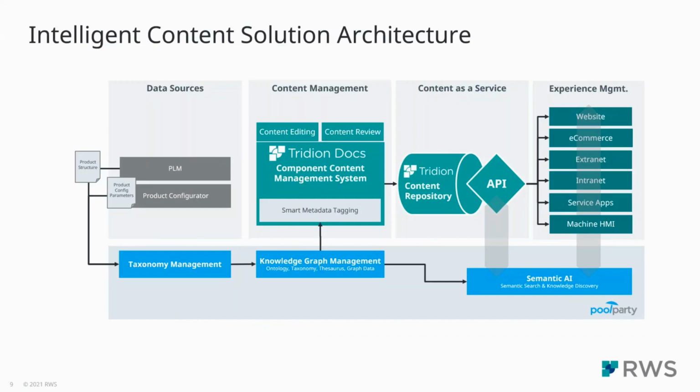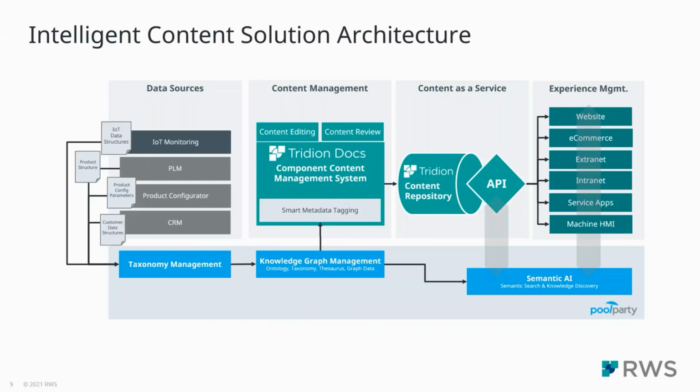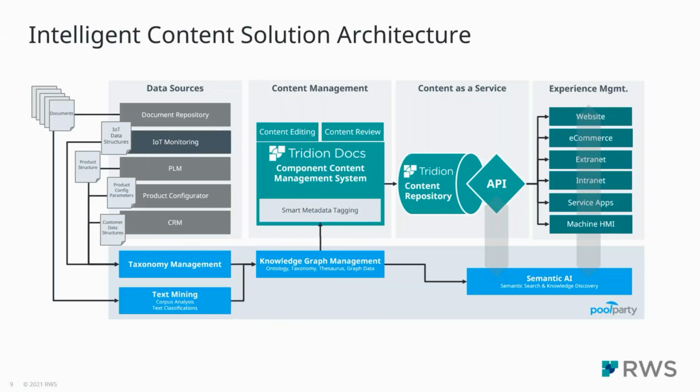And then on the experience management layer, you could use the semantic AI capabilities to provide the right content for the specific use cases. And that can be enriched with CRM data, with the IoT monitoring data, and even the document repository could be, with text mining capabilities that PoolParty provides, tagged or could be analyzed and then afterwards tagged with the application.